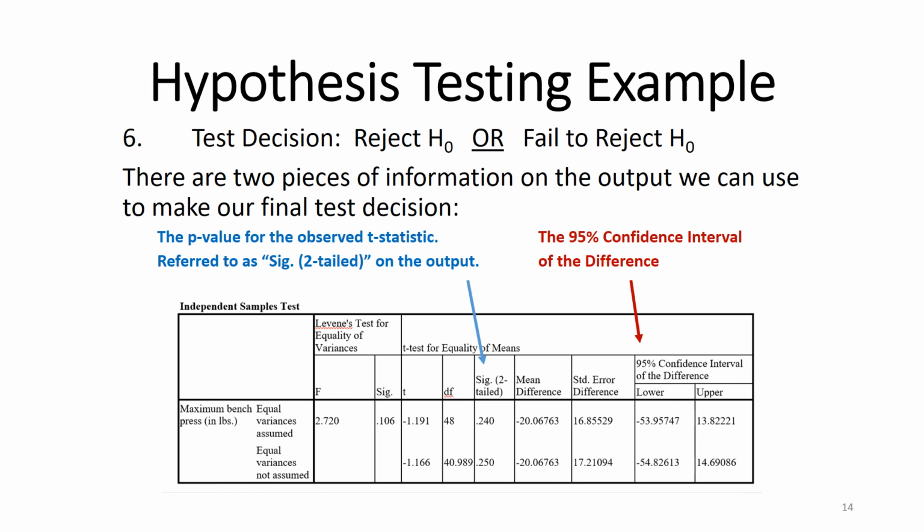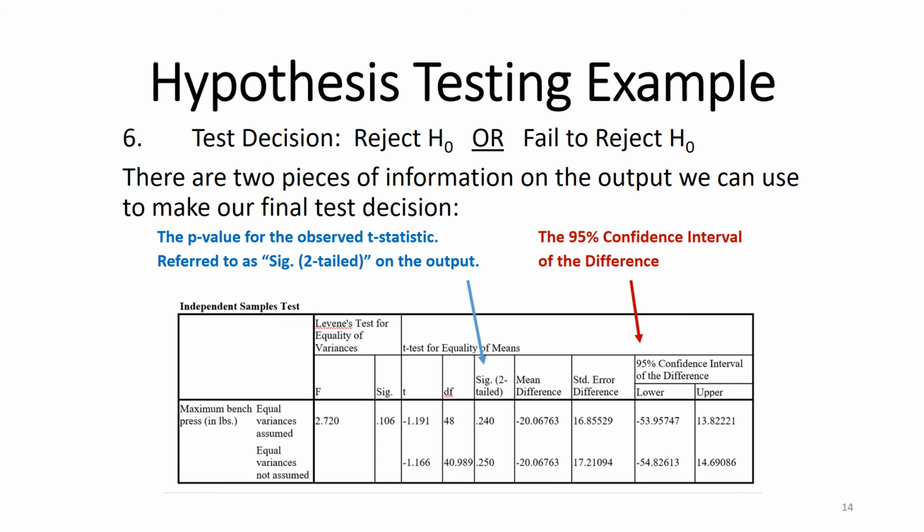Well, for the z-test that we did previously, we just compared our observed test statistic to the critical value to see whether or not we fell in the common or rare areas of the distribution. For this, since we didn't have a critical value, we need to figure out where we can look. On the output, there are two places.